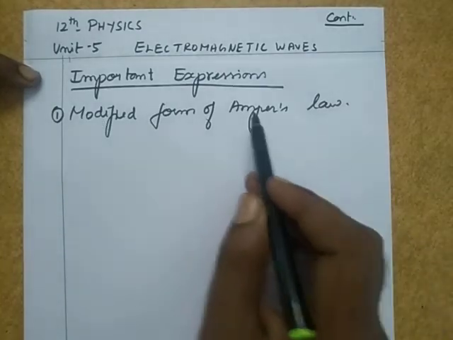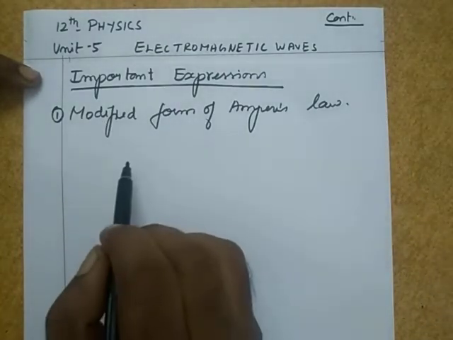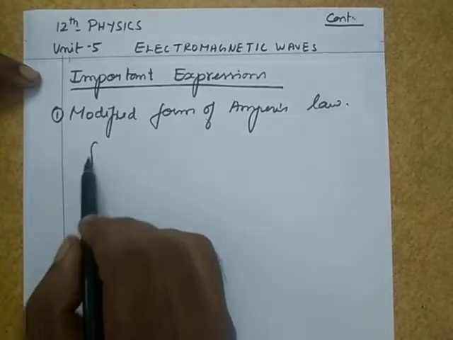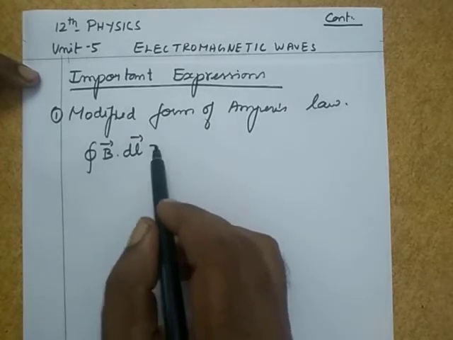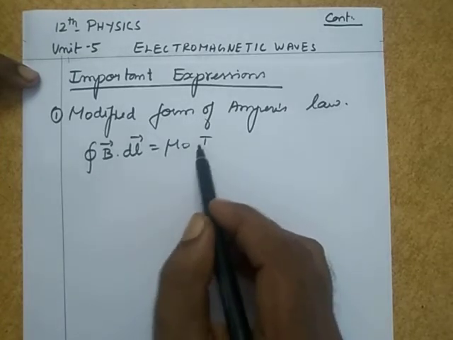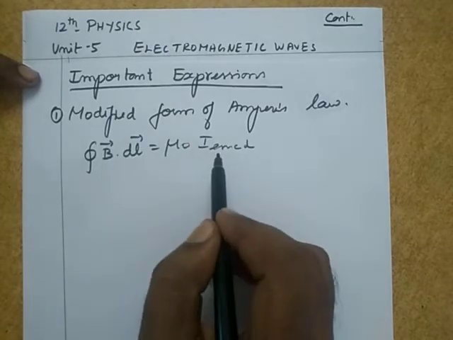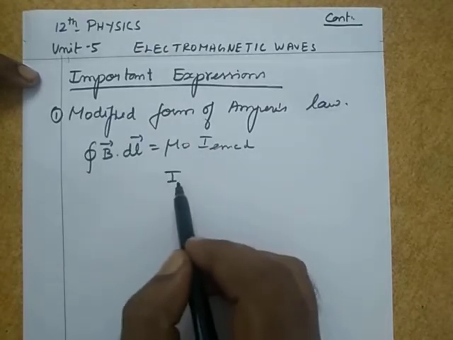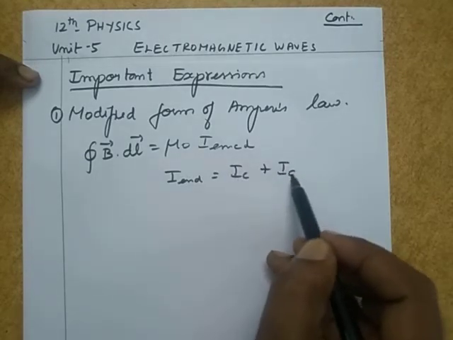Maxwell modified Ampere's circuital law. Ampere's circuital law is the closed integral of B vector dot dl vector equal to mu naught I enclosed. Maxwell said this I enclosed depends not only on conduction current, it also depends on displacement current.